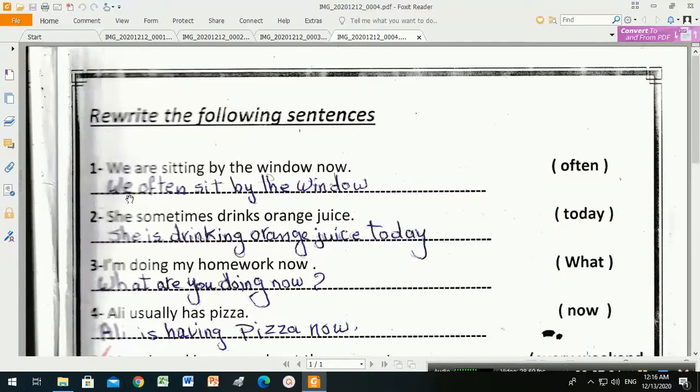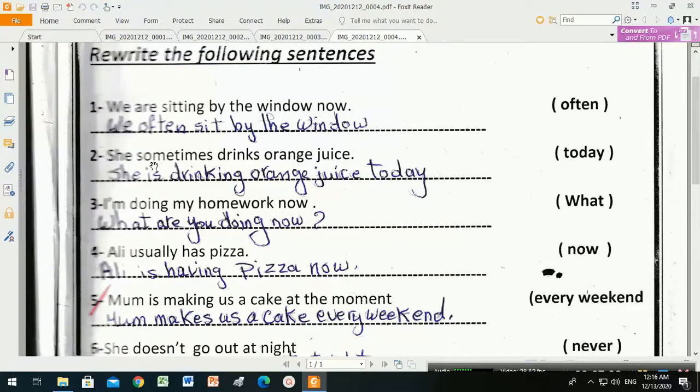Often or always or sometimes comes after the subject, and then we often sit by the window. Number 2, she sometimes drinks orange juice, and here between brackets, today. Here the sentence is in present simple, yes, because of sometimes. Sometimes is a keyword of the present simple, and here we want to change it to present continuous.